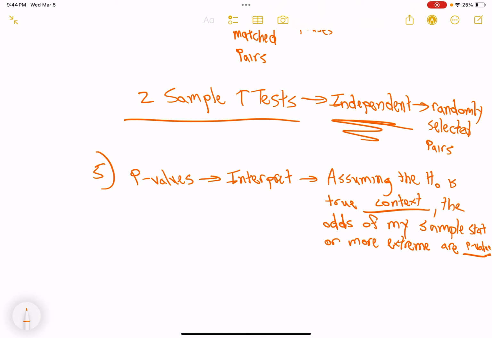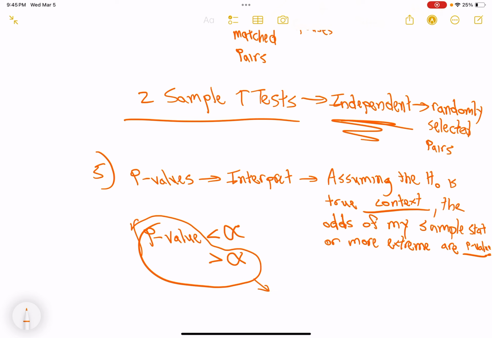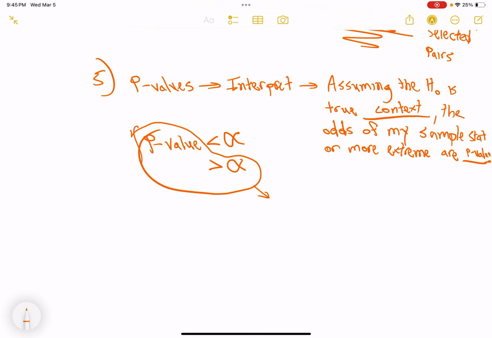The other thing is know that if you're running through a variety of different metrics, p-values will always be in reference to how they respond to the null, right? So we're always interested in, with a p-value, if the p-value is less than the alpha or if it's greater than the alpha. And something you should know is that if the p-value is greater than the alpha in a two-sample test, right?